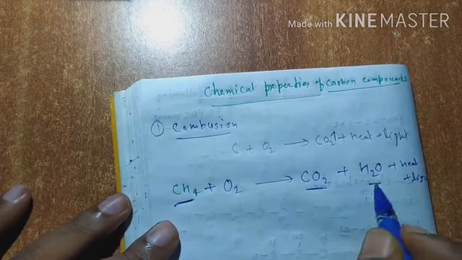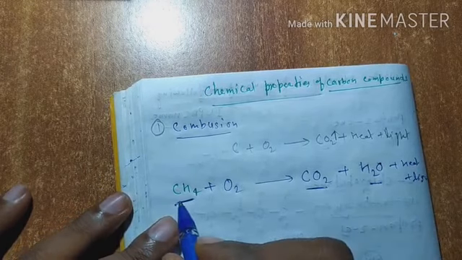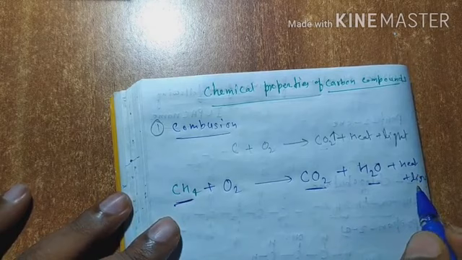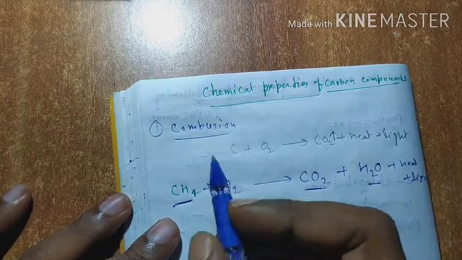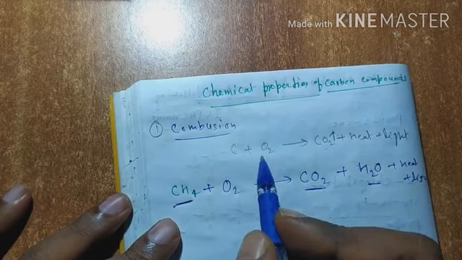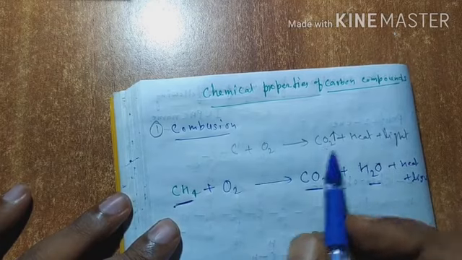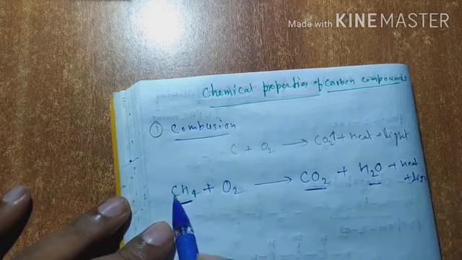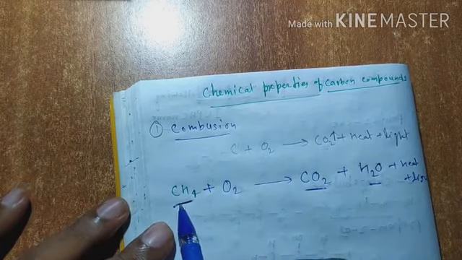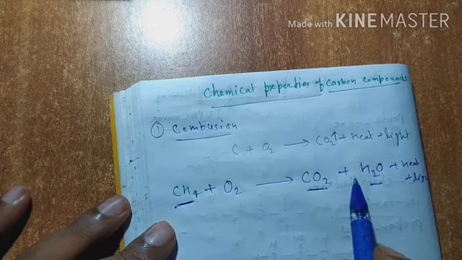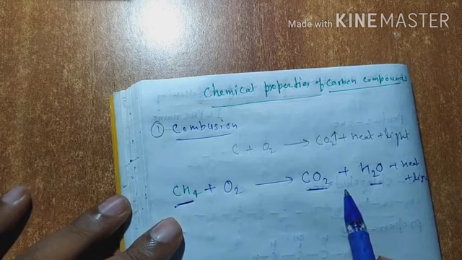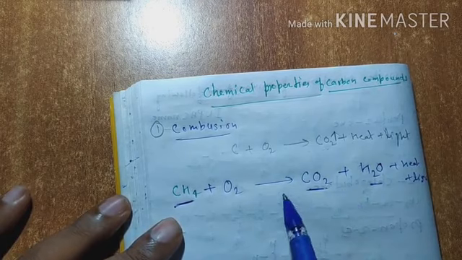This is the fixed product when you burn hydrocarbons, and heat and light are also fixed. If you burn elemental carbon, you get carbon dioxide plus heat plus light. But when a hydrocarbon like methane burns, carbon dioxide plus water will form. Now you have to balance, and you know very well how to balance a chemical equation.